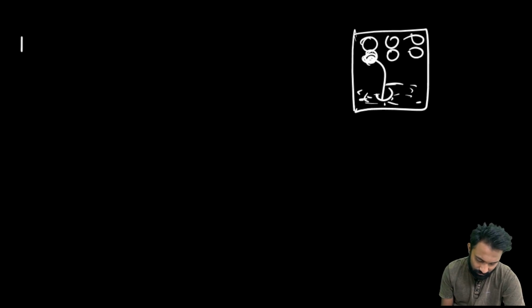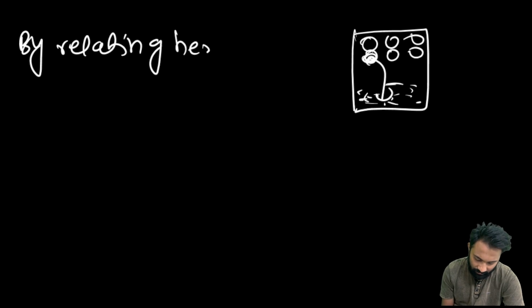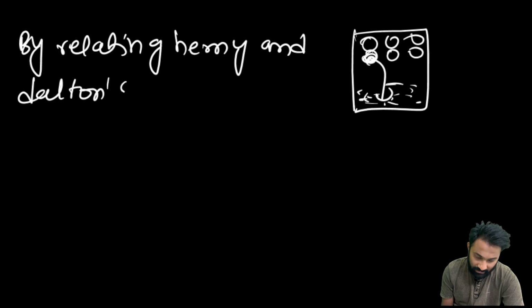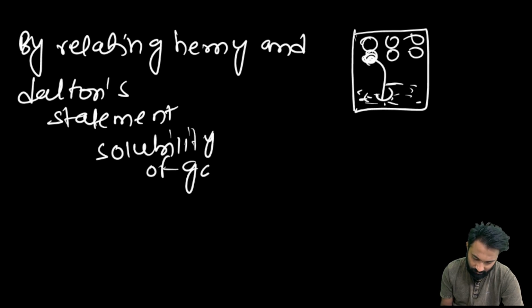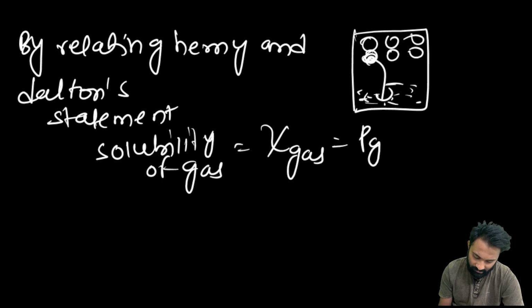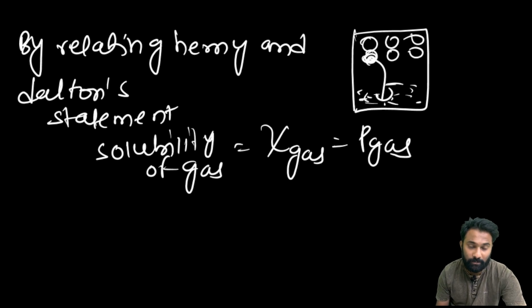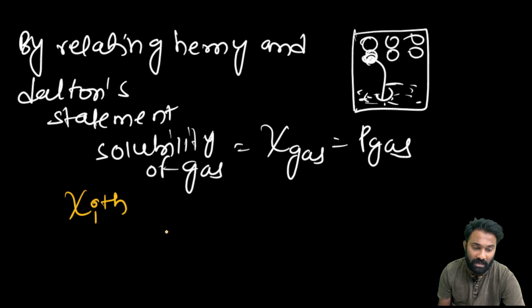So by relating the Henry and Dalton statements, the solubility of the gas equals the mole fraction of the gas, which is equal to Kp. That is, the mole fraction of the ith gas is equal to Kp.